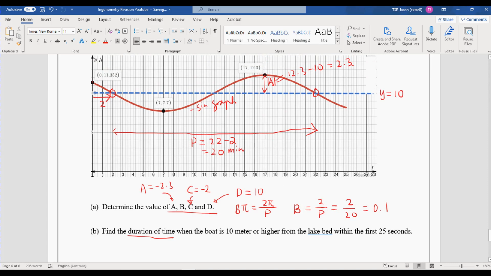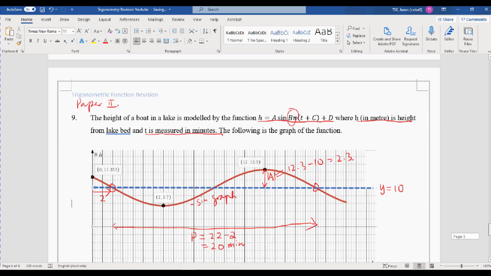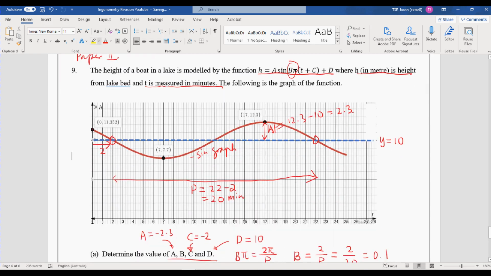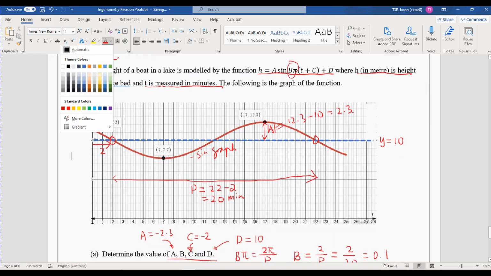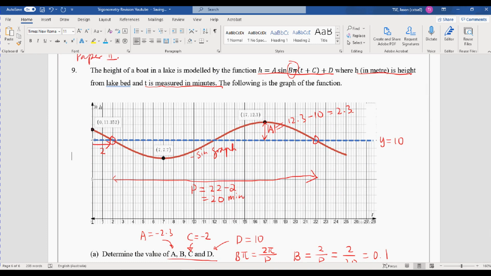We know the middle line is 10 meters. That means you need to find the time spent above the middle line. So which part should it be? It must be higher than or equal to 10.